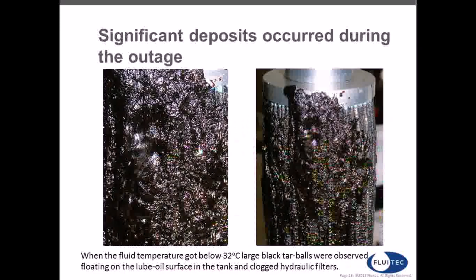Their main lube oil filters were starting to plug, and they had just a lot of deposits in the system. So they brought an oil reclamation company in, and they went through a lot of filter bags and a lot of filters to try to clean all of these tar balls out of the system. Certainly in this case, it makes sense to do some analysis and figure out what actually caused this.